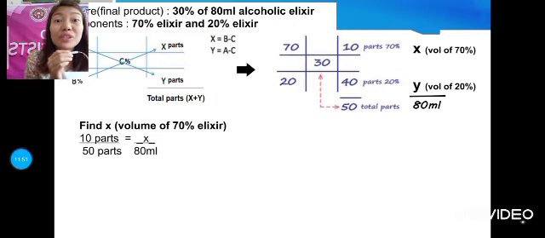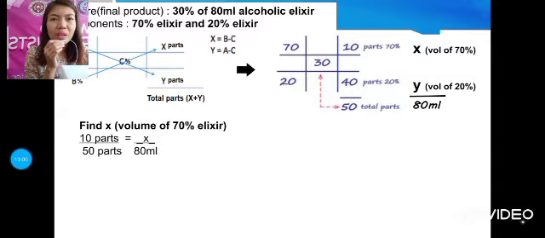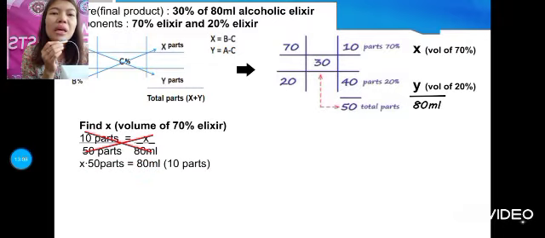Let's first find X. In this process, we can use a ratio and proportion, which is 10 parts over 50 parts is equal to X, the ml equivalent to 10 parts, over 80 ml, which is the volume equivalent to 50 parts. After that, we will cross multiply our ratio and proportion. Then it will become X times 50 parts is equal to 80 ml times 10 parts.